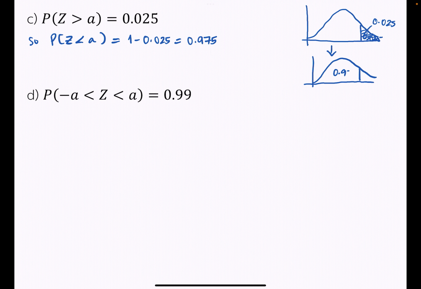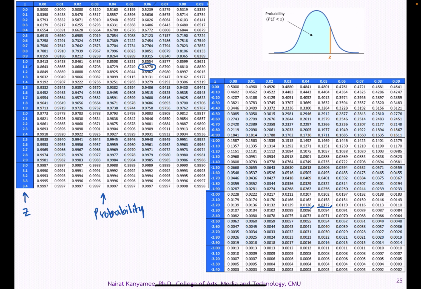So we are actually looking for A such that P of Z less than A is 0.975. Go look in the table. Do we have it in the table? Otherwise we need to approximate it. 0.975, right here. We do have it. So the z-score is 1.96.